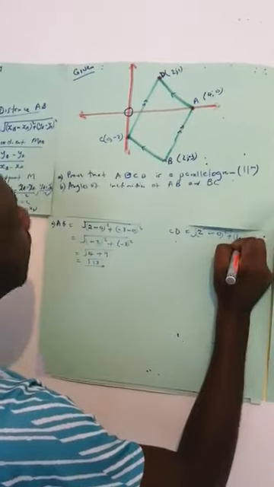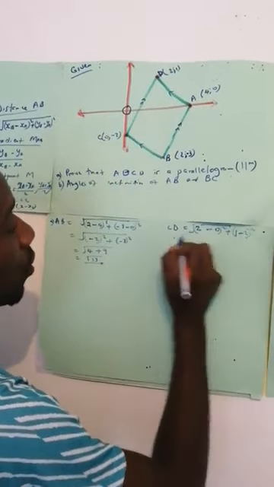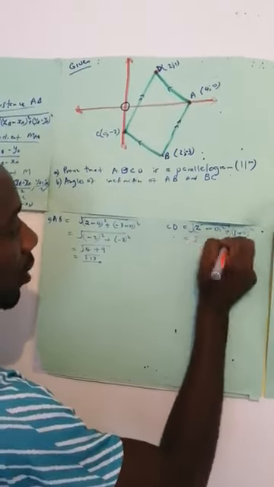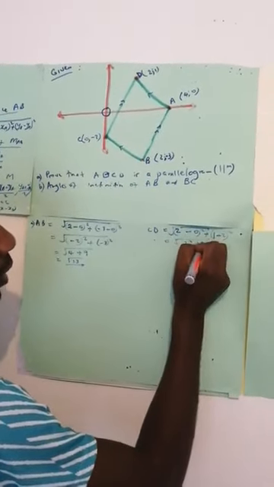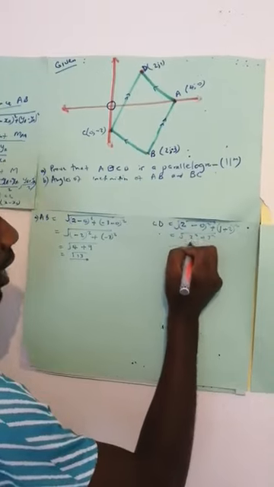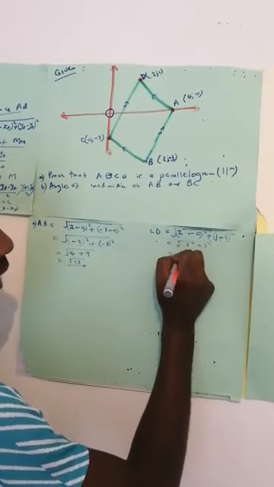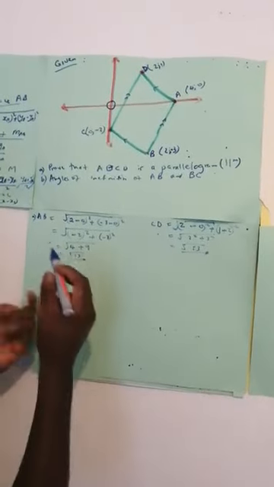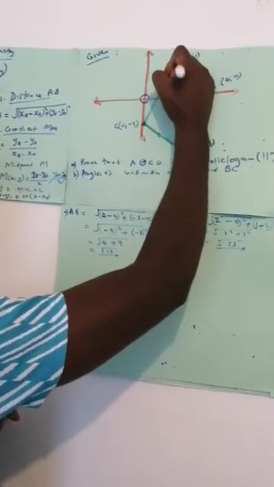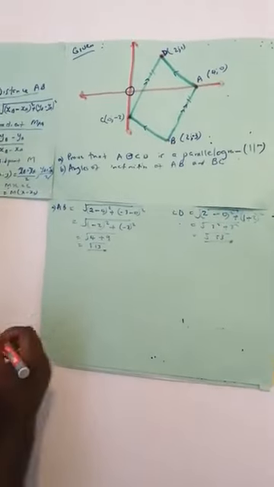It's 1 plus 2 all squared. Then the answer is root of 2 squared plus 3 squared, and then it's 4 plus 9, the square root of 13. Okay, so it means these sides are equal. This one is equal to this one.